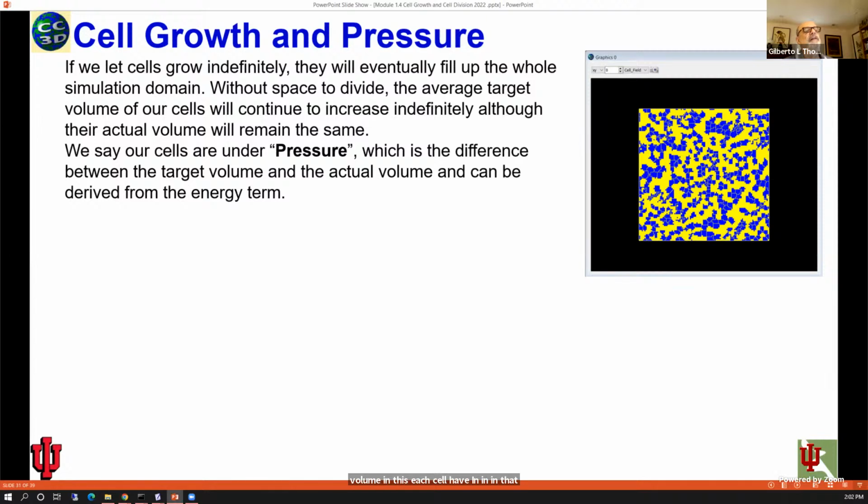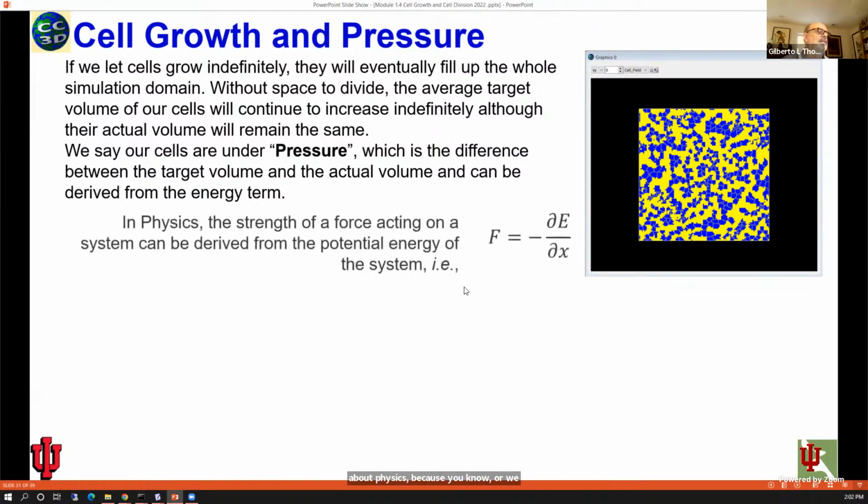Okay, we can derive this expression thinking a little bit about physics, okay? Because we know that force is a derivative of potential energy with a minus sign in front of it. And CompuCell deals with energies: volume energy, surface energy, chemotaxis energy, external potential energy, lots of things.